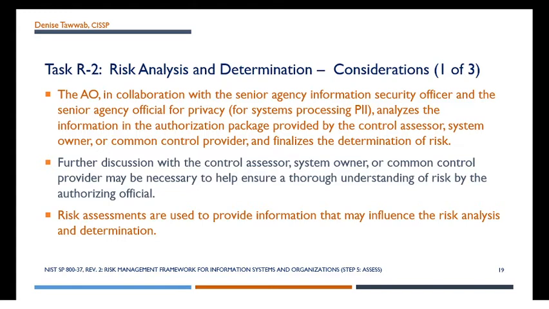Further discussion with the control assessor, the system owner, or the common control provider might be necessary to help ensure a thorough understanding of risk by the authorizing official. The risk assessments are used to provide information that may influence the risk analysis and determination.